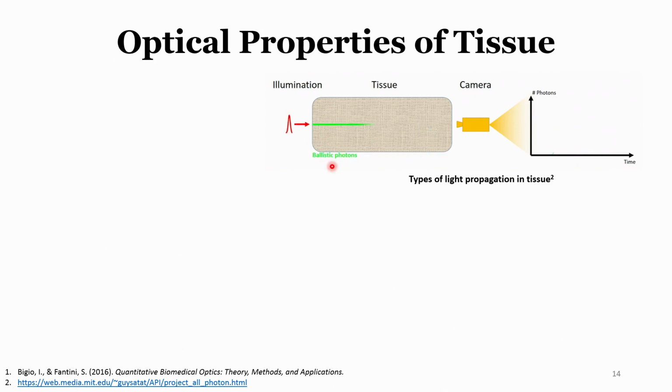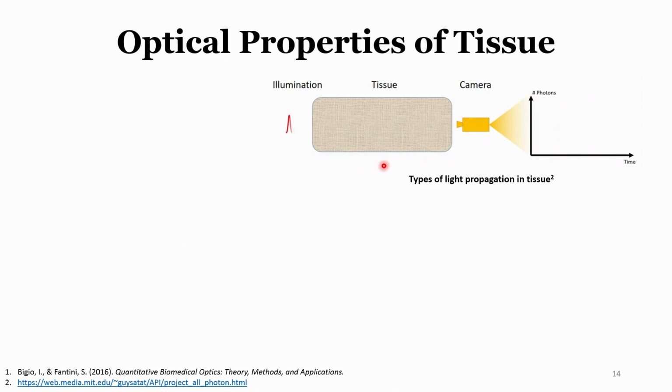For example, the ballistic photons. This ballistic photon, in green color, is the one that reaches first. The next is the sky blue colored snake photons. The ballistic photon does not undergo scattering, or goes through a very minimal number of scattering events.